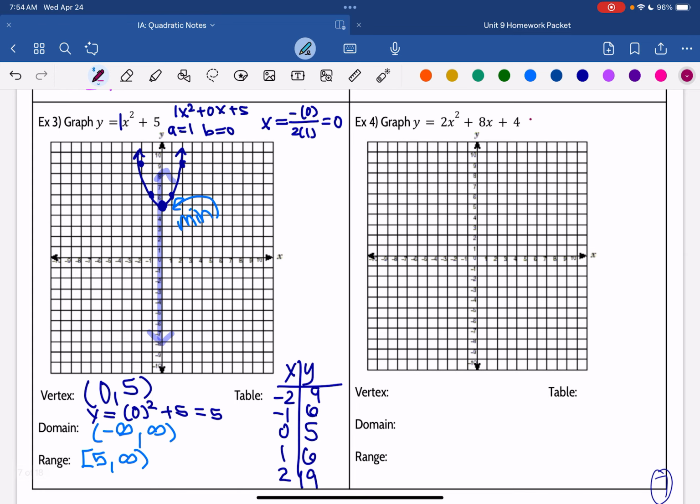Last one. So again, first thing, find your axis of symmetry. So we're going to do negative 8 over 2 times 2. That's negative 8 over 4, which is negative 2. So our vertex is at negative 2, something. Now let's plug in.